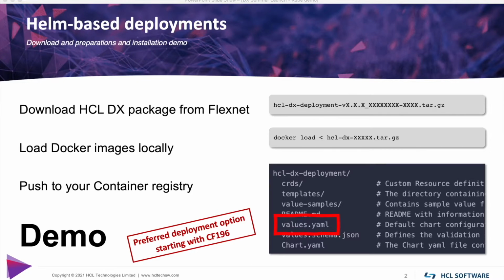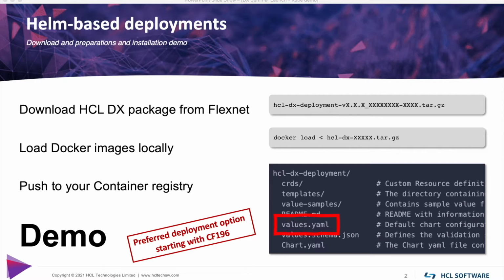The preparations that are necessary are mainly the download of the HCL DX package from FlexNet. You need to unzip the package, you need to load the contained Docker images into your local container registry. You need to adapt the names or the tags of the Docker images appropriately so that they fit your private container registry.